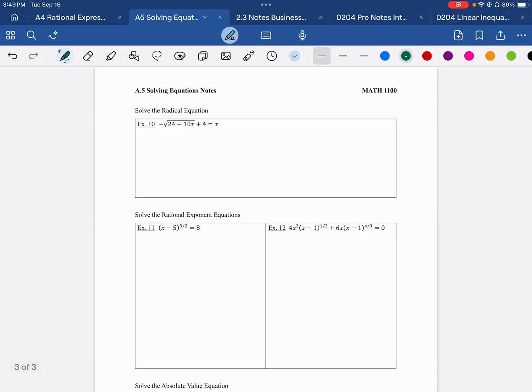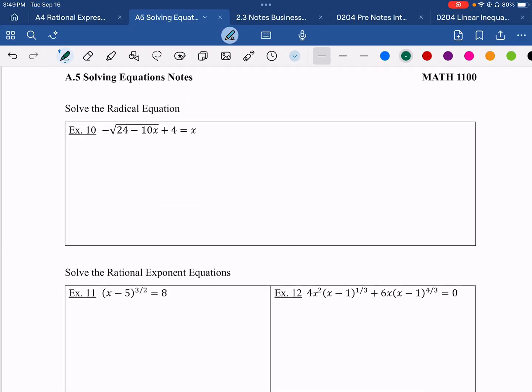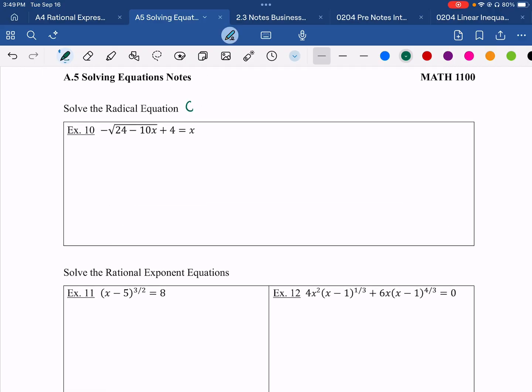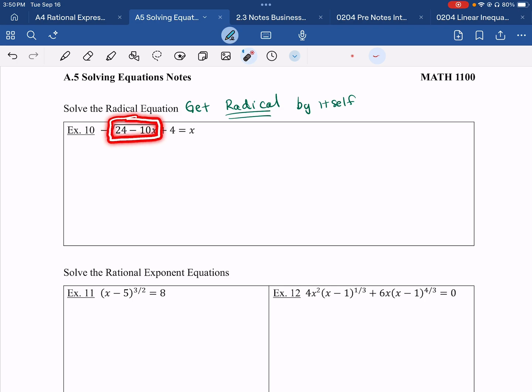Next page. Solving a radical. You have to get the radical by itself. Notice this one has a negative out in front. So to get the radical by itself, just this part has to be by itself. That means you're going to have to do something with that negative. Okay.